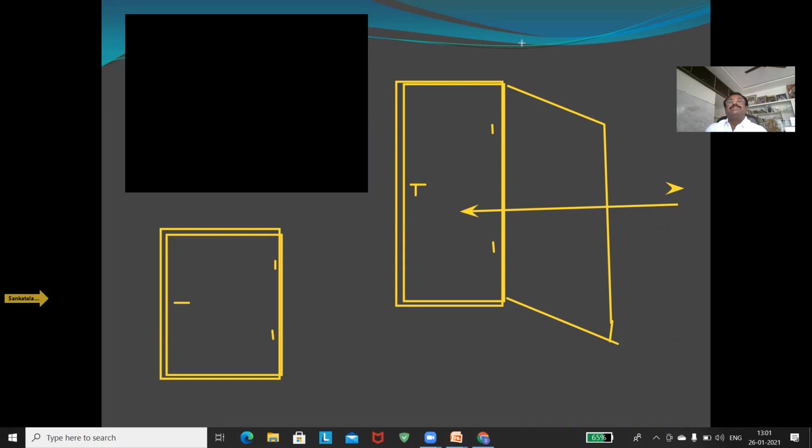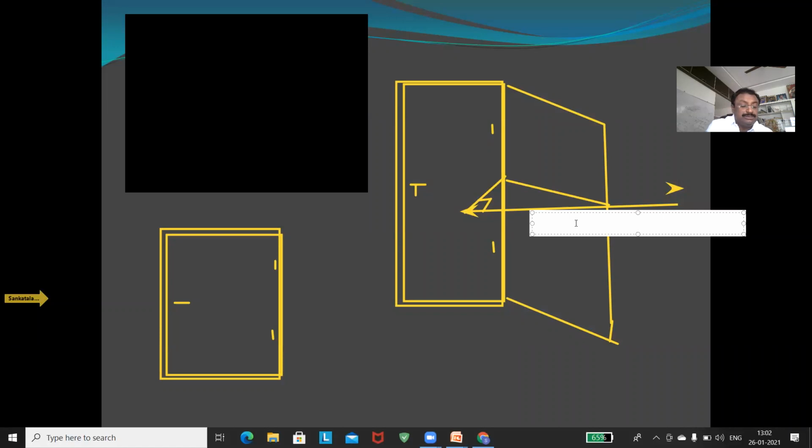This is the length of the door. Here we want this distance. We call it the perpendicular distance. What do you call? Perpendicular distance. To find the effect of torque here, this is called the line of action of force.